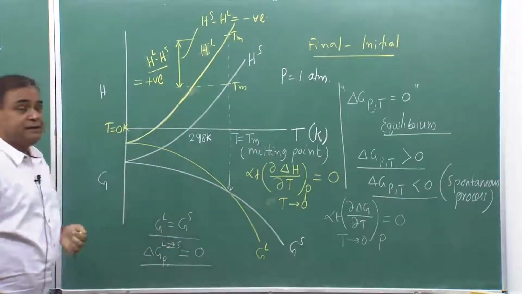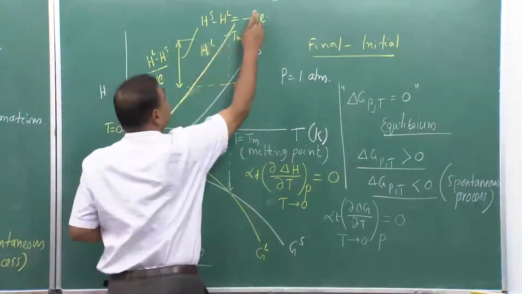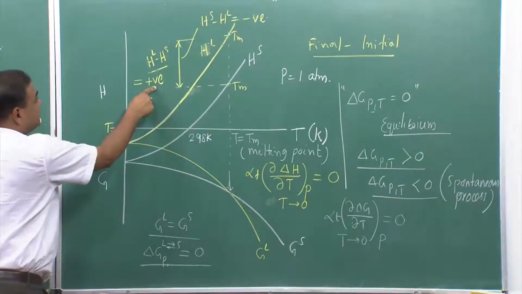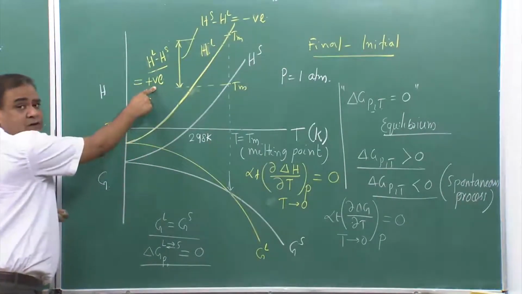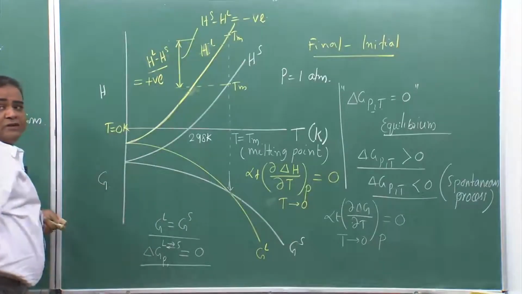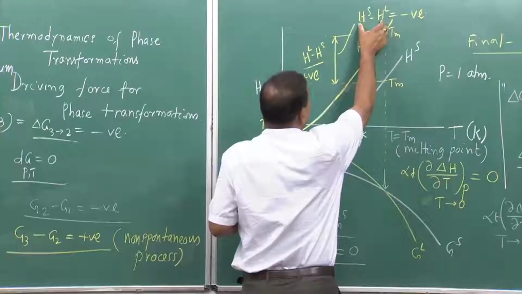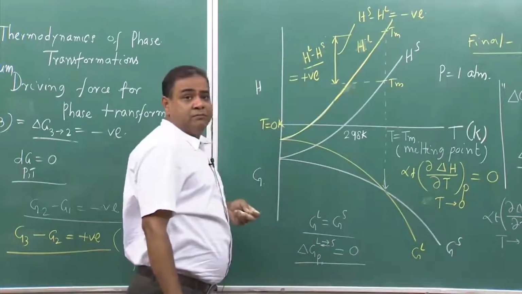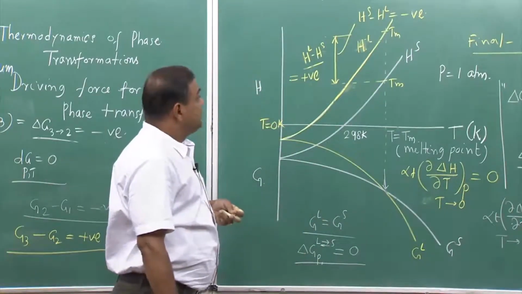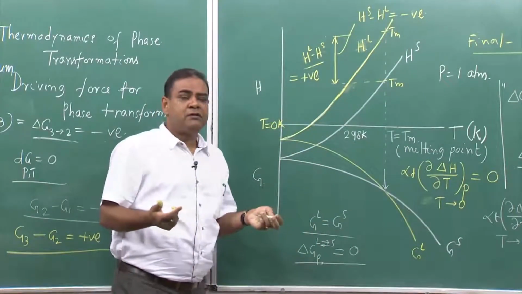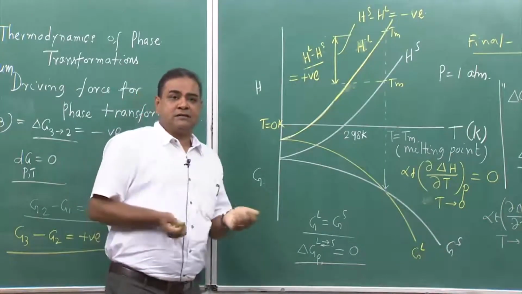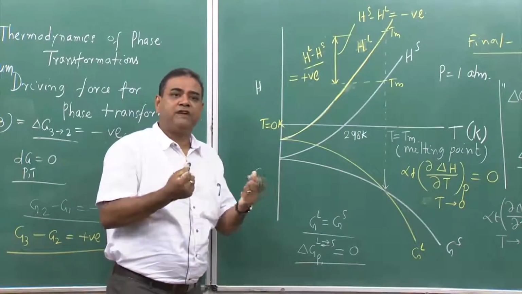Now, here things are becoming interesting. If we get liquid out of solid, we see that it is a positive quantity. And if we get solid from a liquid, then we get a negative value. Now, as per our understanding, when we have melting, we absorb heat.